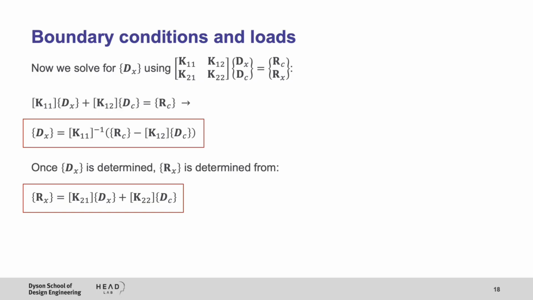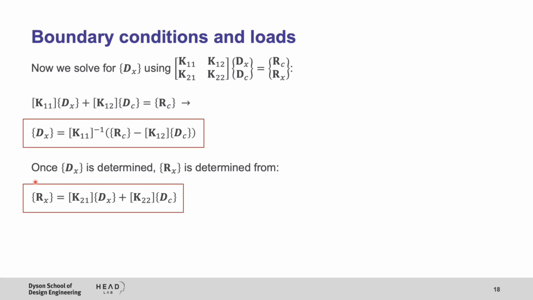Okay. I'm showing the same slide that I showed before in relation to beam elements and trusses. If you recall from those lectures, we can rearrange the equilibrium equation of the FE model in terms of known and unknown values like this. And we can solve for dx, which is the vector of unknown nodal displacements, like so.